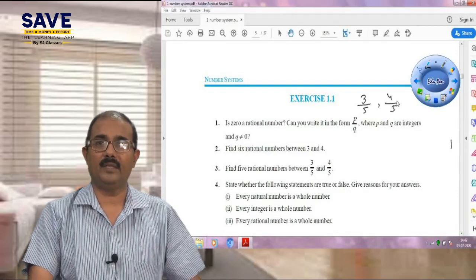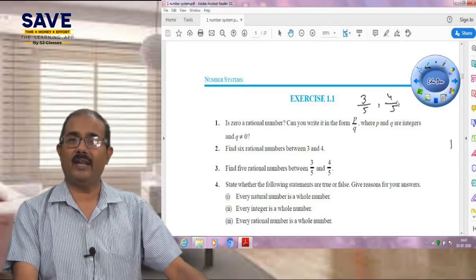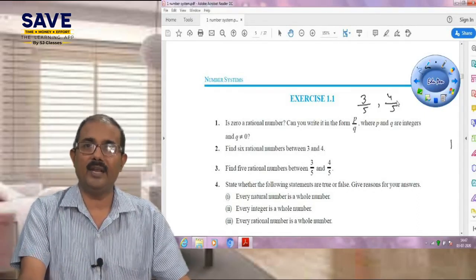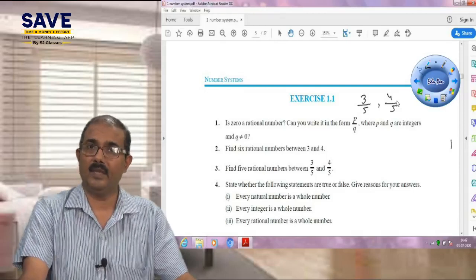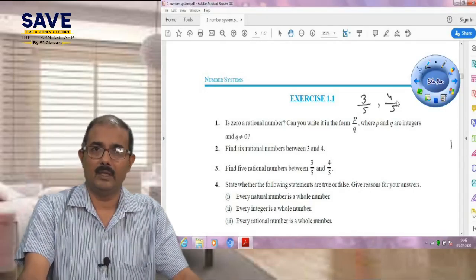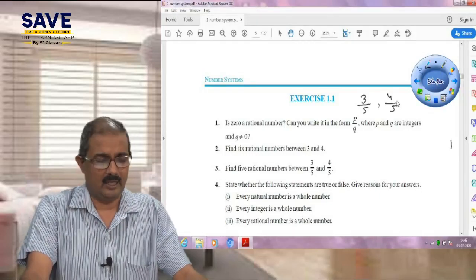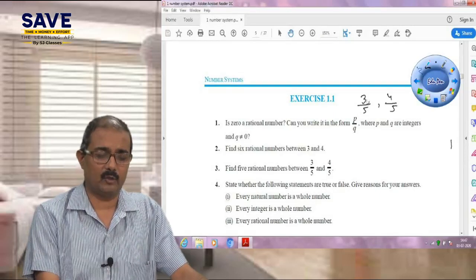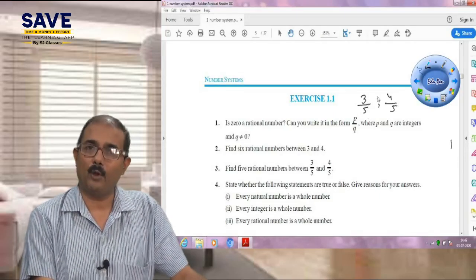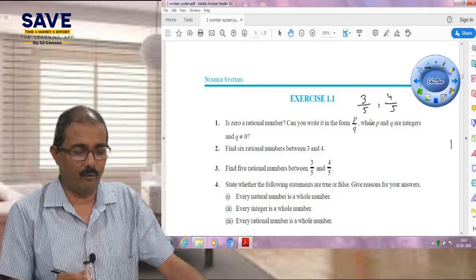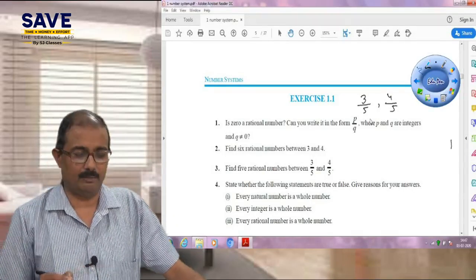Always remember that whenever you have fractions and you have to find a rational number between them, their denominators should be the same. In this question, the denominator is the same, so you can easily find 5 rational numbers between them. One method is to write 3.1 upon 5, 3.2 upon 5, 3.3 upon 5, 3.4 upon 5 and so on. These are rational numbers between them.